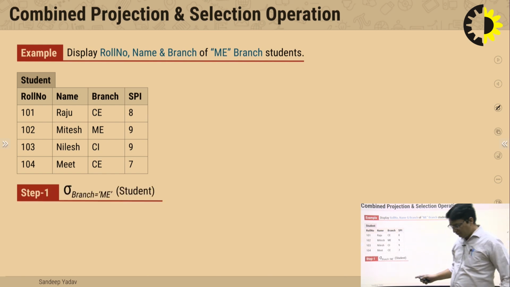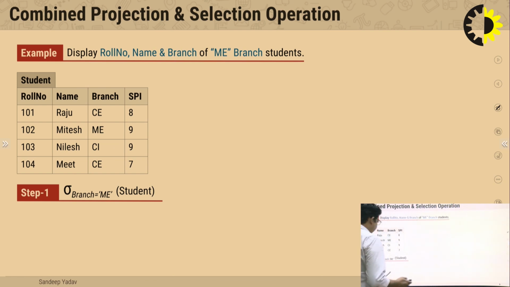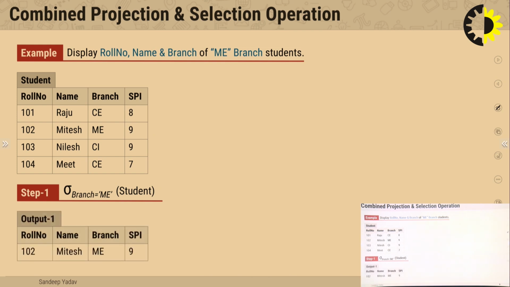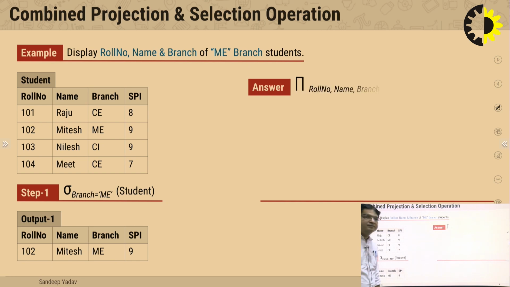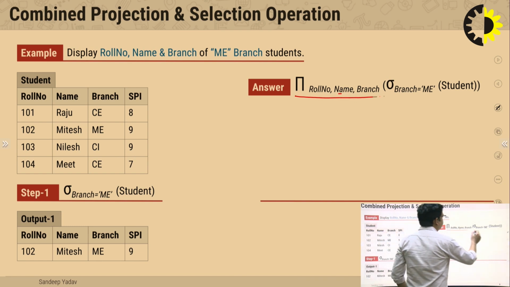So this is how we are going to make the query. First, in step 1, we will mention the condition branch equal to mechanical. Thereafter, in the second step, the output will look like this. Then in the next step, now we want these particular attributes. So the final query will be like this only.